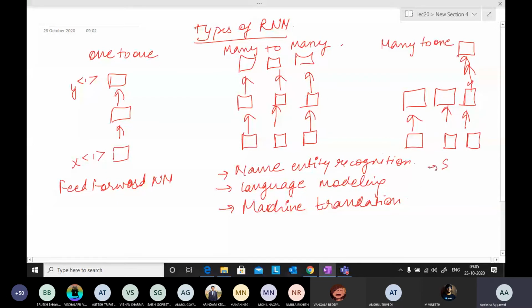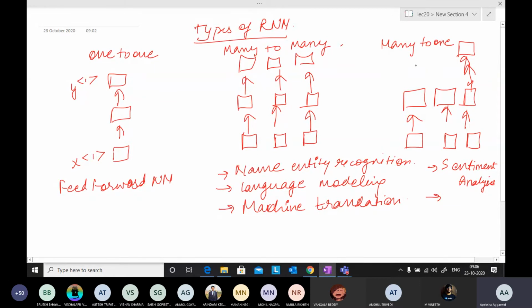So this is sentiment analysis, and we are giving ratings to text. We give a 1 to 5 rating to the whole text or something like that. So assigning ratings, that kind of thing, is many to one. Okay. And then we have many to many.